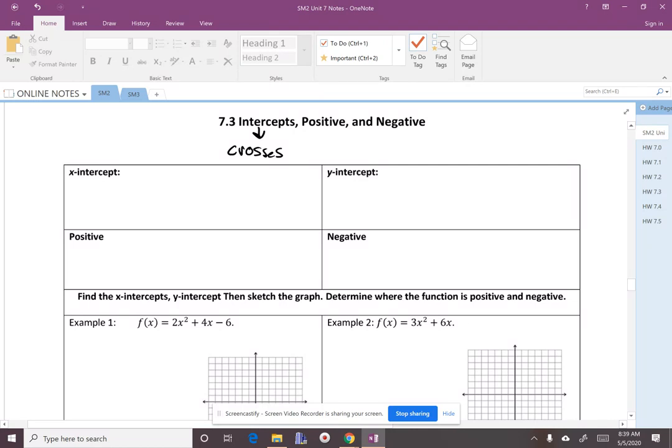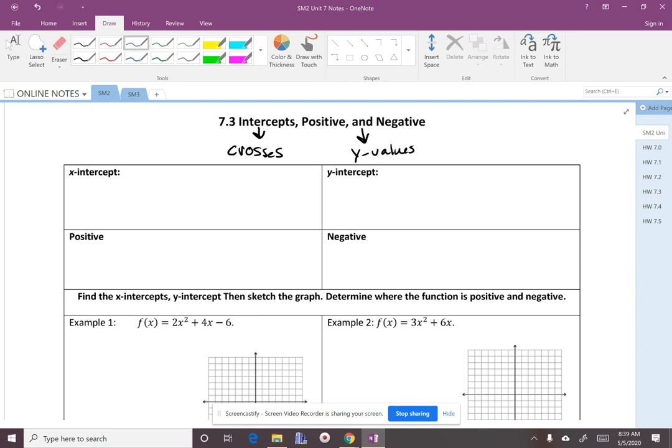And then positive and negative, this is mostly talking about the y values. You're looking at where it crosses either axis and then whether the y values are positive or negative.